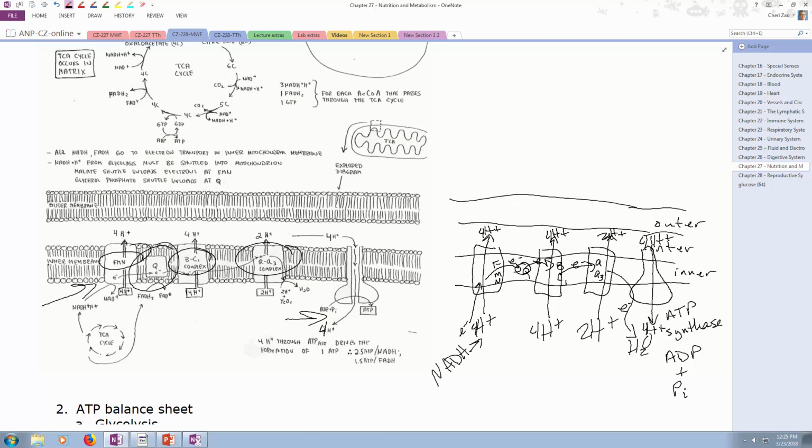And it takes only, good Lord, 4 protons to make 1 ATP, as we just saw right up here. 4 protons to make ATP. So what's the technical number of ATPs that we generate from one NADH? 2.5. Okay, so that's the reason why NADHs are so good. NADH will give us 2.5 ATPs per NADH.